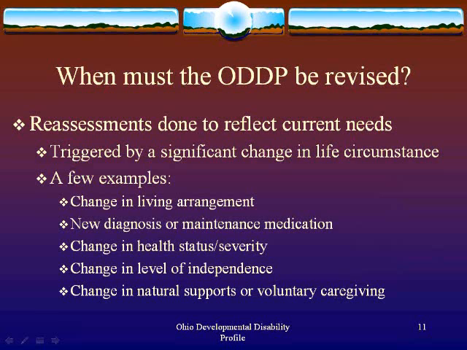That would be a need to revise the DDP. My level of independence has changed. There might be a change in natural supports or voluntary caregiving, because now I don't have some of that additional support from the outside. I'm moving from one home to another, and the makeup is different. I used to be living with one person, now I'm living with three. All those things would trigger that.